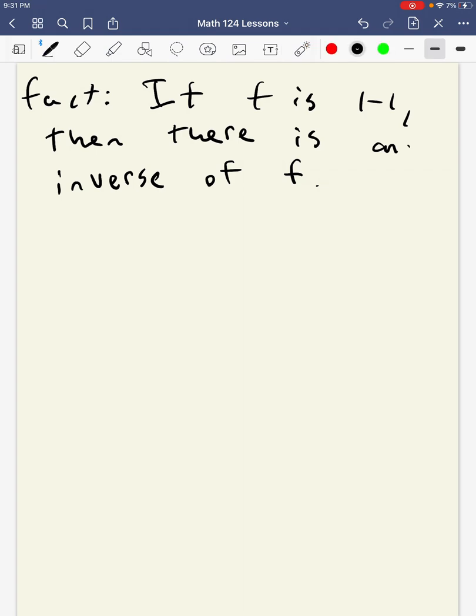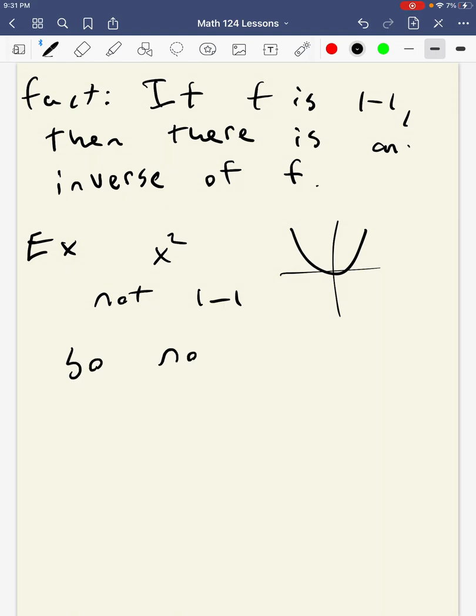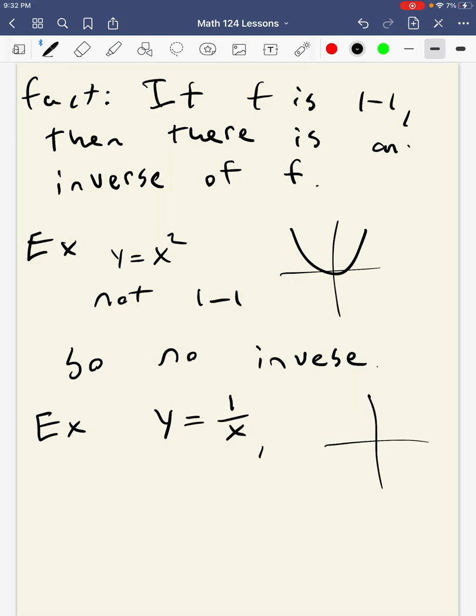Okay, so now I'll give you some examples here. So x squared, right, looks like this. It's not 1 to 1, so there's no inverse. Let's say y equals x squared, no inverse to this formula. However, the graph y equals, I don't know, 1 over x, that has a graph that looks like this.